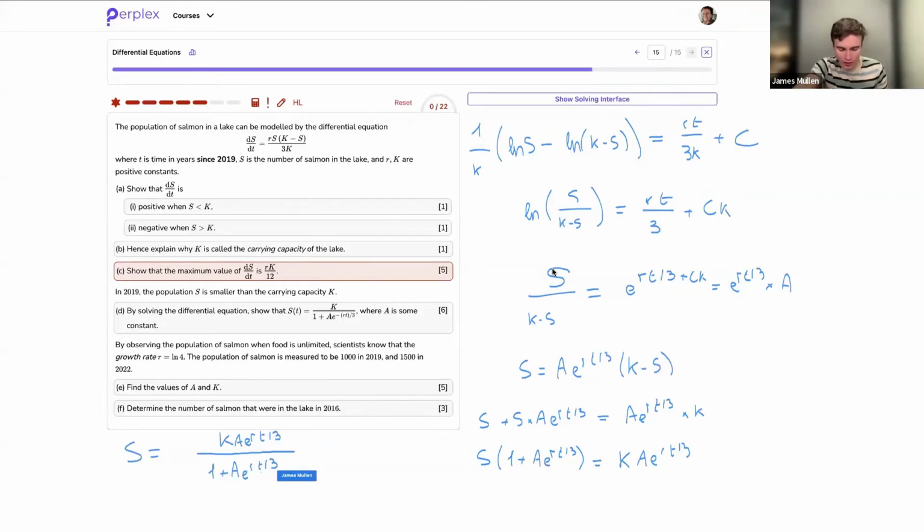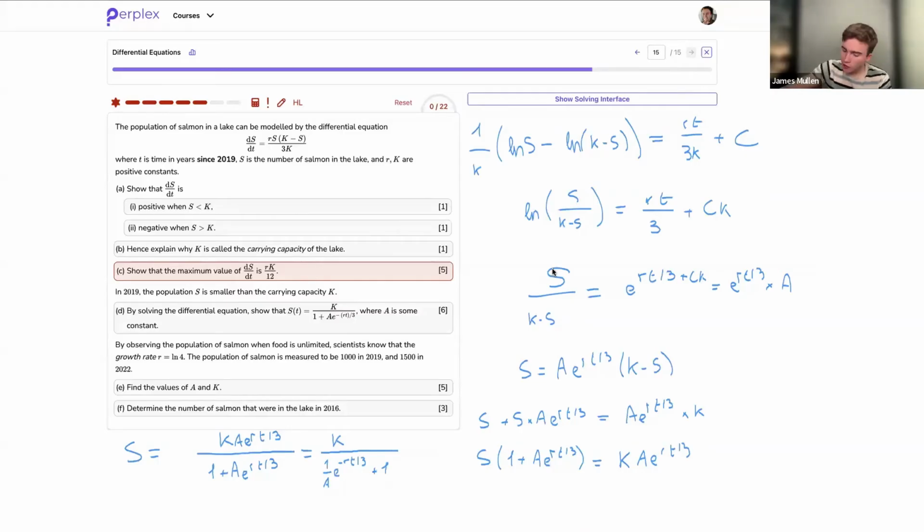And it's almost what I want, except that in the numerator, I'm supposed to just have k, and in the denominator, I'm supposed to have 1 plus e to the negative something. And so what I'm going to do is divide the top and the bottom by a e to the rt over 3. All right, so I can write that now as k divided by, technically, 1 over a e to the negative rt over 3, and then just plus 1. Okay?